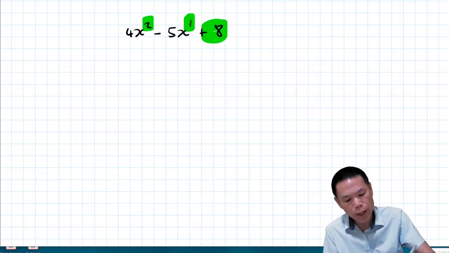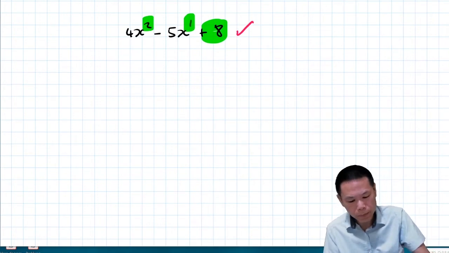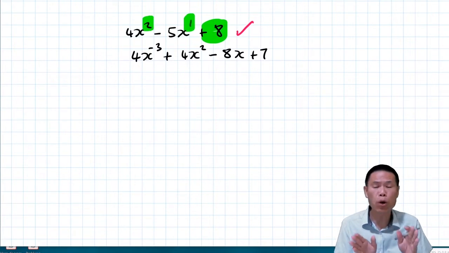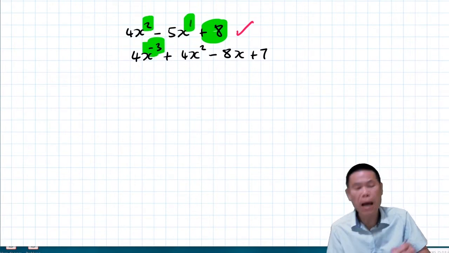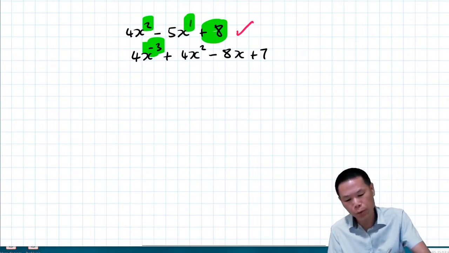So therefore, it is a polynomial. Next one. Now this one here is not a polynomial, because we have x to the power of a negative number.